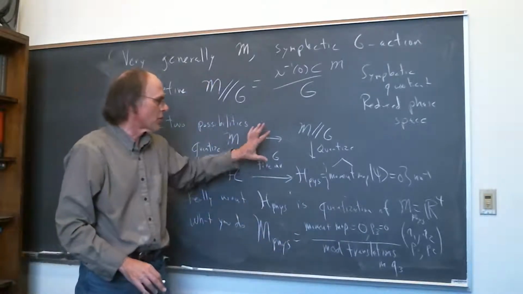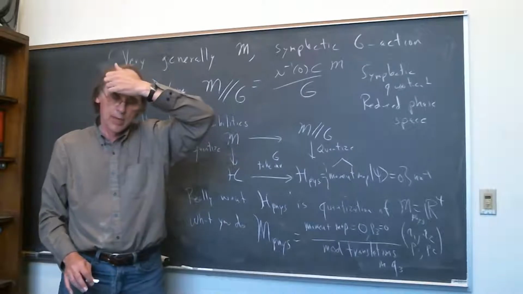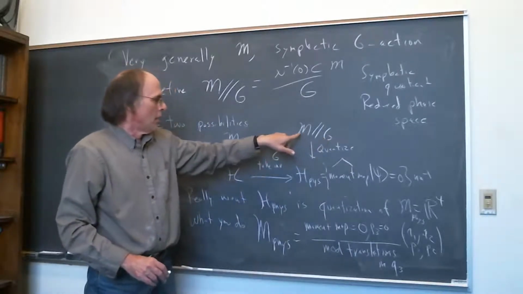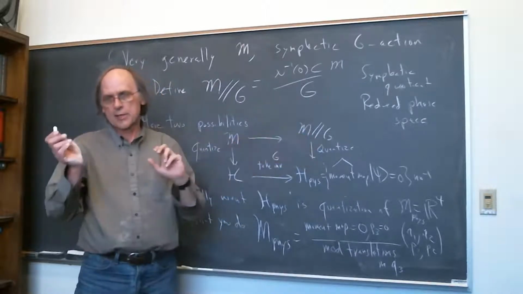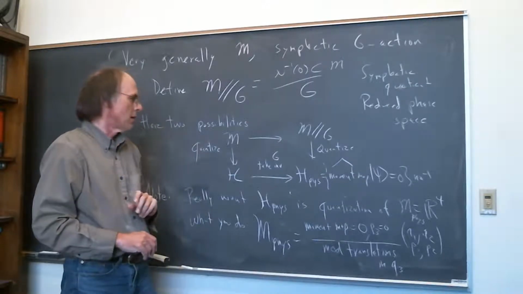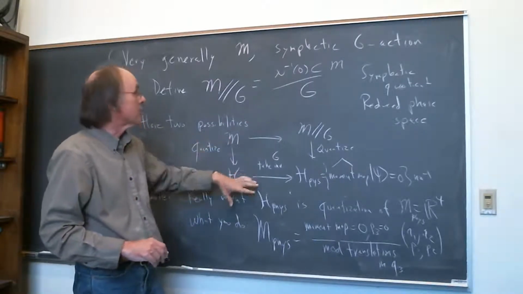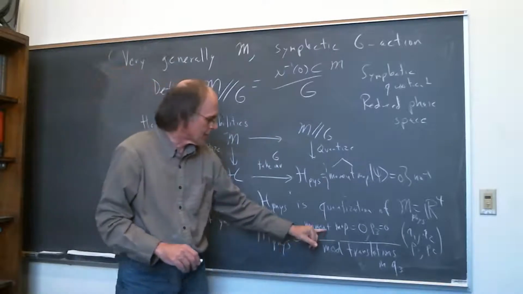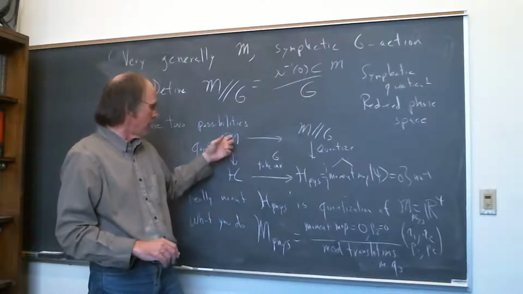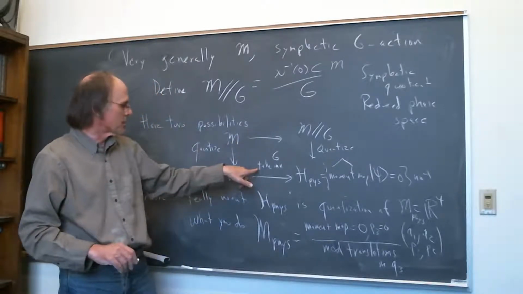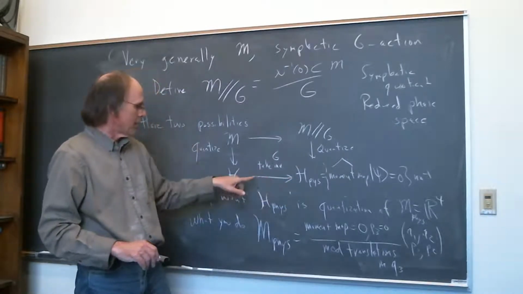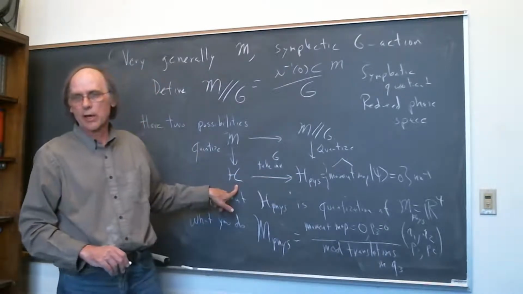And this is what you're trying to achieve if you go to temporal gauge, you're trying to do this for G the time-independent gauge transformations. And you can see, even looking at the simplest case, that there are going to be problems like going from here to here, just taking the invariant subspace here. You're going to get states that are not normalizable here.